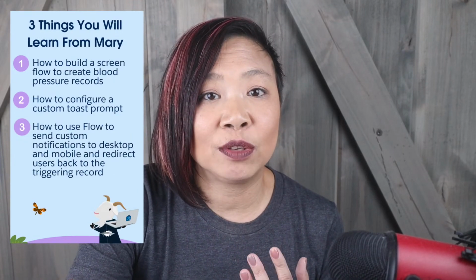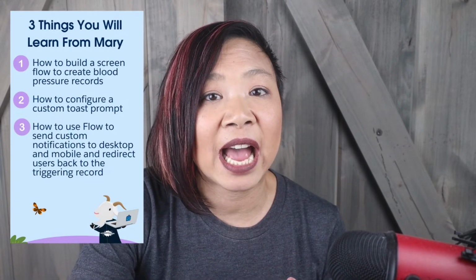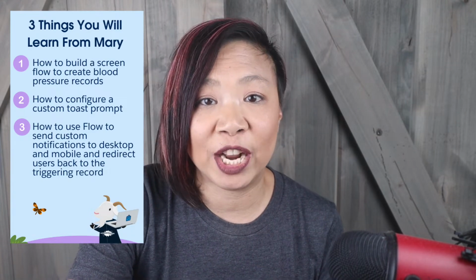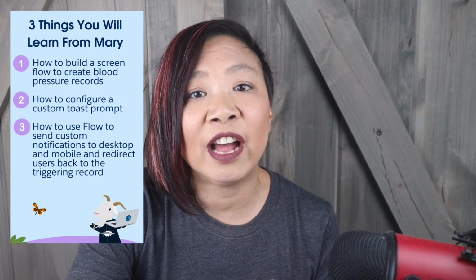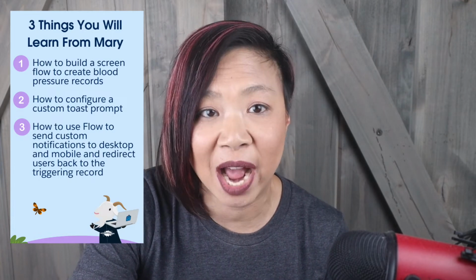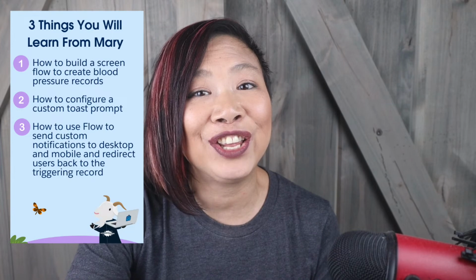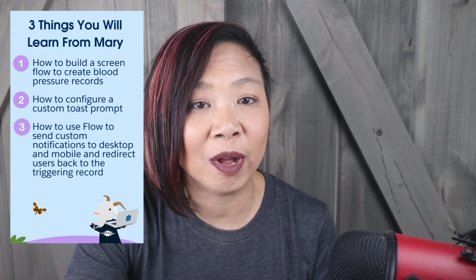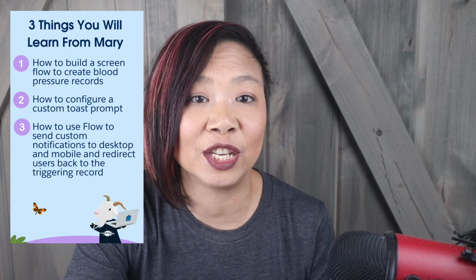Now, the 3 things you'll learn from Mary is how to build a screen flow that can create blood pressure records, learn how to configure a custom toast prompt, and learn how to use Flow to send custom notifications to desktop and mobile, and then redirect the users to the triggering record.